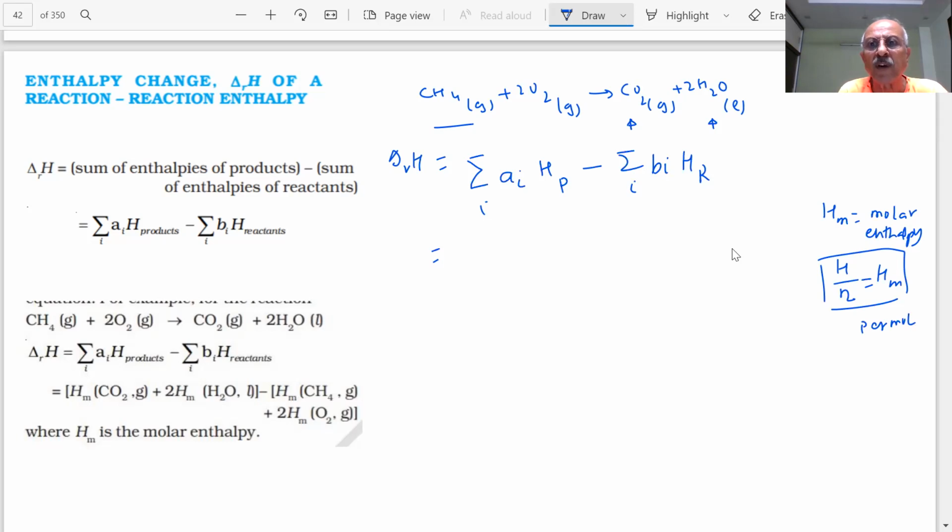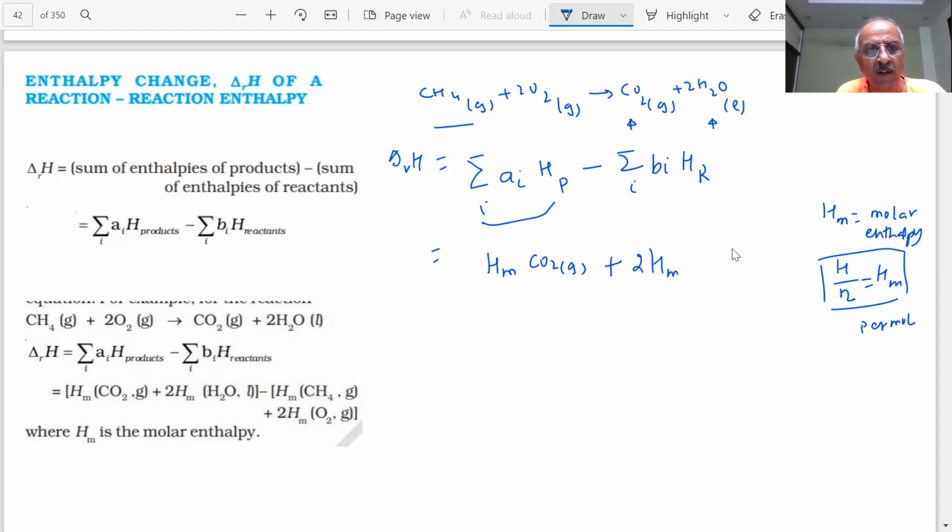Or in other words, if I say this is my reaction, what are the products here? Carbon dioxide. What will be the value of this one? Here, what is the coefficient? 1. I have the molar enthalpy of carbon dioxide gas, only 1. Plus, what is this? 2 moles.